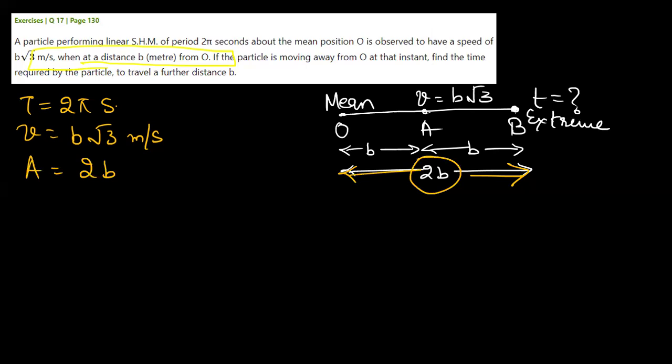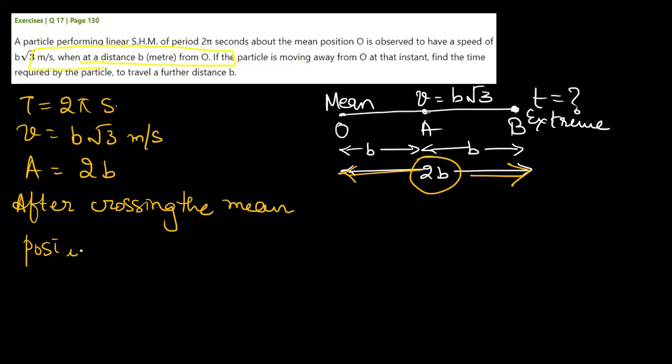Now to find this time t, since it has crossed the mean position, after crossing the mean position the velocity V will be equal to omega A cos omega t.